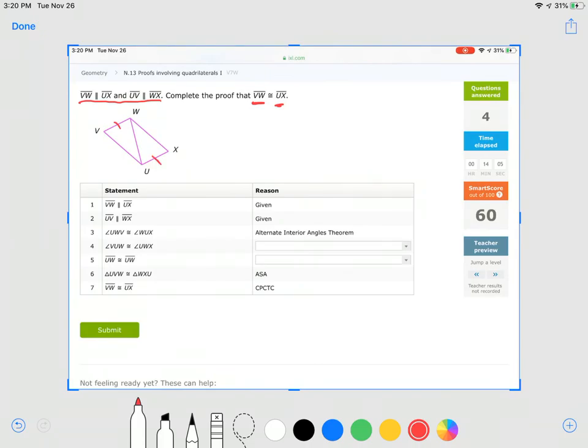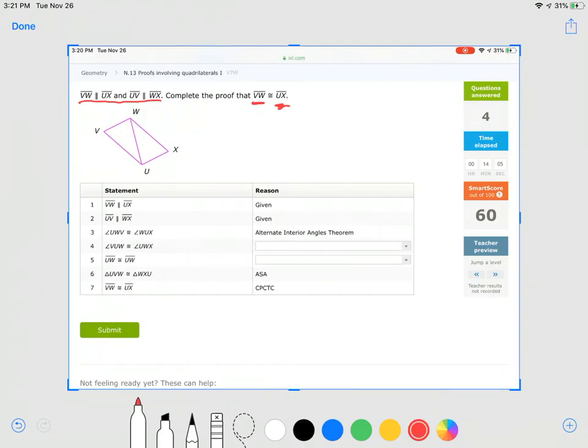This proof is interesting. Remember what we said about parallelograms: not only are opposite sides parallel, but we also said that they're congruent to each other. This proof is using one of those facts to prove the other one. So this is how you can figure out that parallelograms actually have opposite sides congruent.